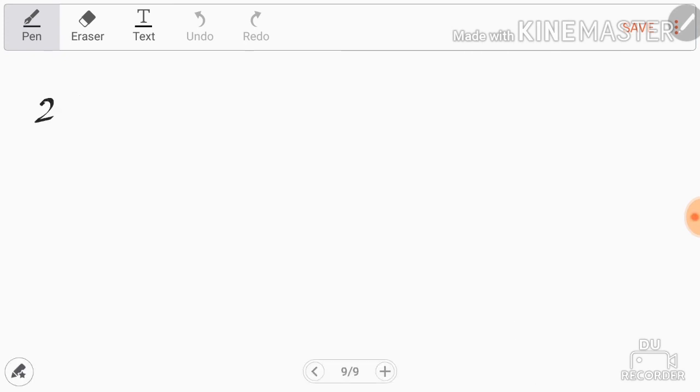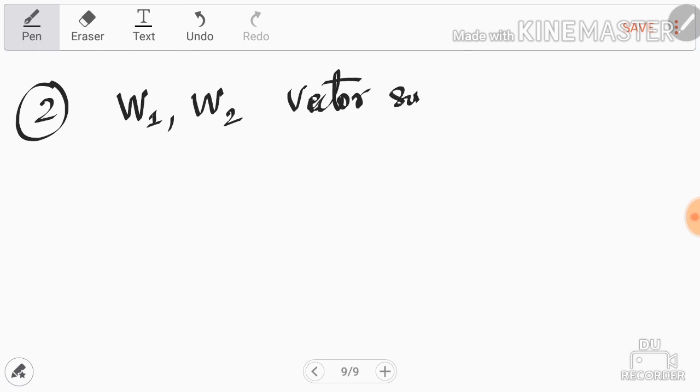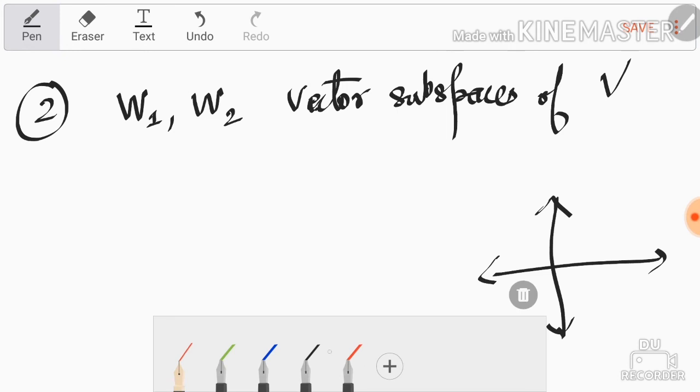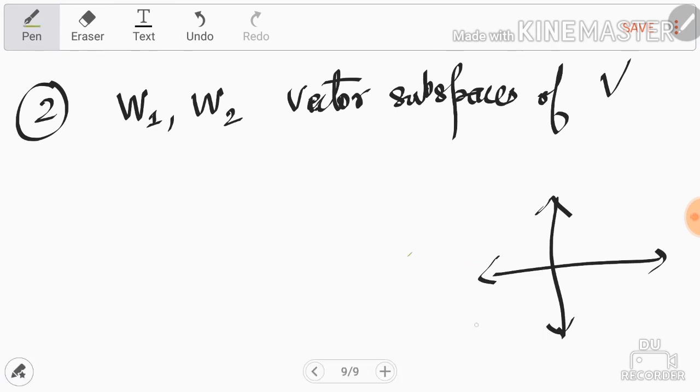Another very important proposition is that whenever you have two subspaces of a vector space, let's take the example of R2. We saw that any line passing through the origin was a vector subspace.